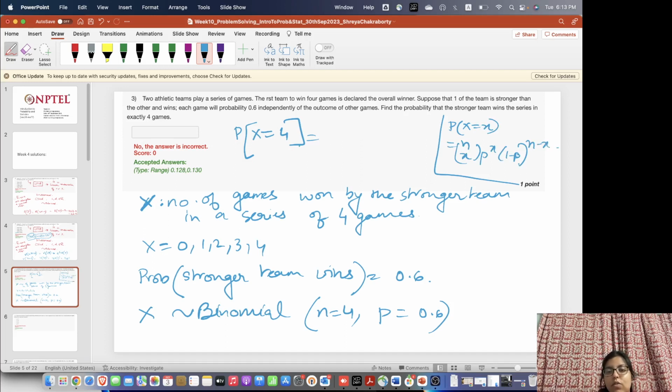So we substitute over here 4. This would be 4c4, n is also 4, 0.6 to the power 4 into 0.4 to the power 4 minus 4, which is 0. So this comes to 0.6 to the power 4. This will be 0.36 square, then it would be 0.1296.